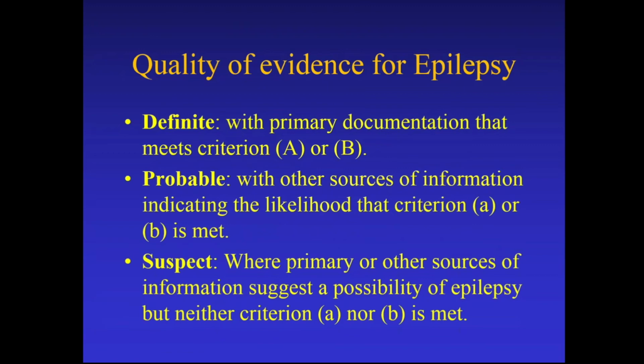And for a definite case, they talk about primary documentation that meets criteria A or B, probable indicating likelihood that these are met, and suspect where there may be something there.